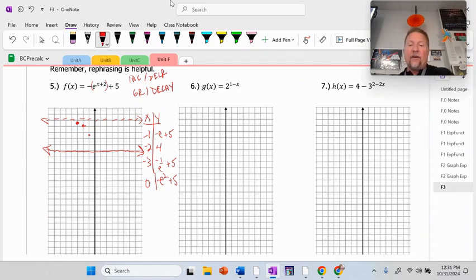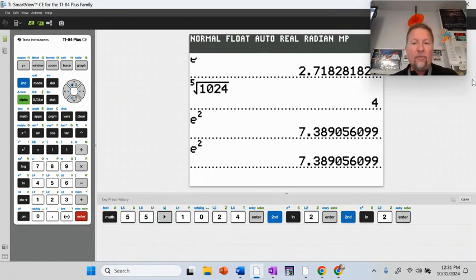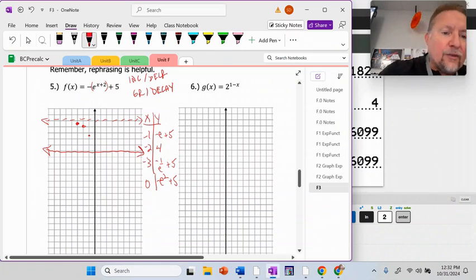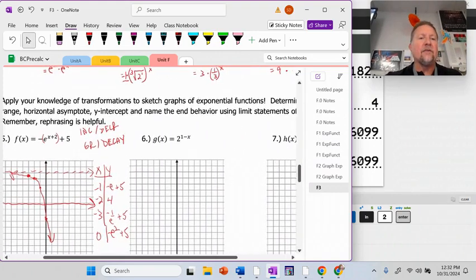And then I just did the e squared. Am I boring people? That's fine. E squared is that. So negative 7.38 plus 5 is negative 2.38, somewhere down there. So if I had a calculator, I could actually find the y-intercept. Just giving you some extra information. I'm not doing all this stuff.